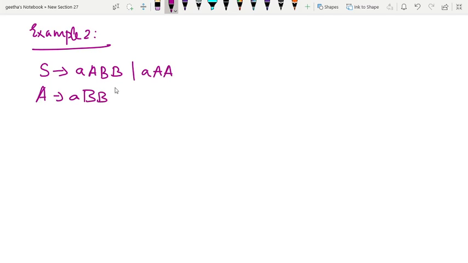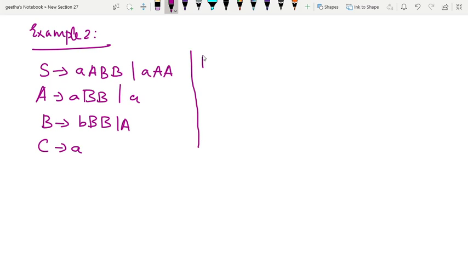And remember, the rules I have taken are in the form of Greibach normal form. B gives BB, and then A. C gives A.